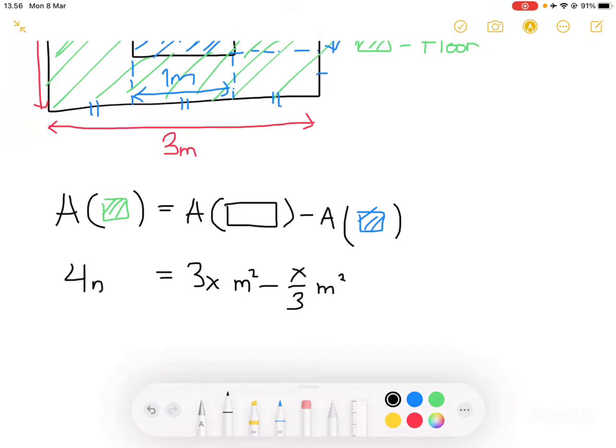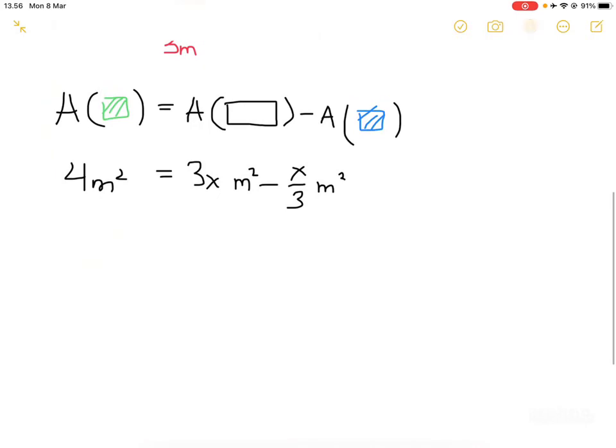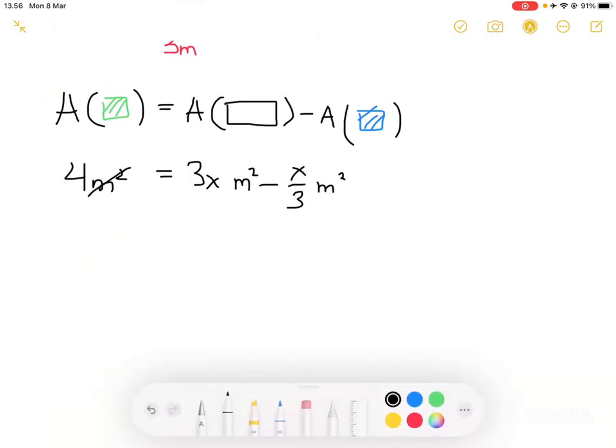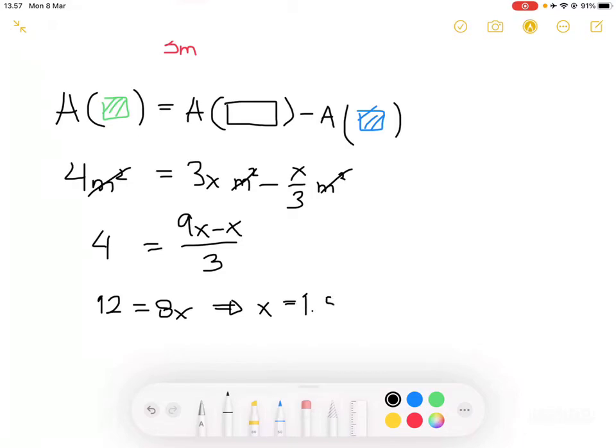And from the question we know that the area of the floor is 4 meters squared. So you can cancel out the units of meters squared first, because that will be easier. Combining fractions, we have 9x minus x over 3, and this will be 12 is equal to 8x. That means x is 1.5 meters.